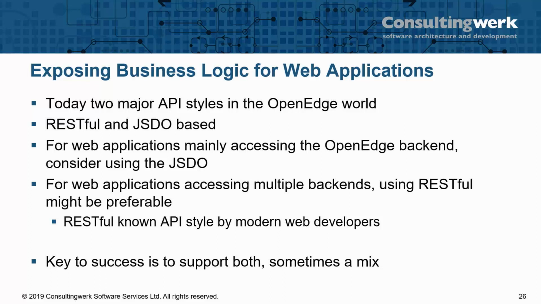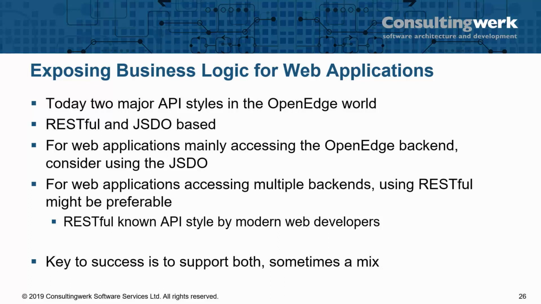But we had to learn that if an organization already has web developers or hires web developers, maybe an outside company that has done web development projects outside of the PASOE backend, they don't know the JSDO. And they say, well, why should I learn? The JSDO is a very Progress-specific interface to PASOE. Why don't you just provide us the business logic and the data in the standard that everybody else is following?